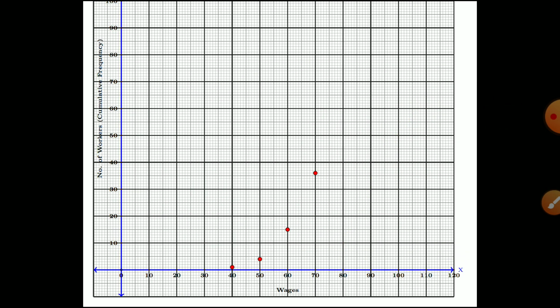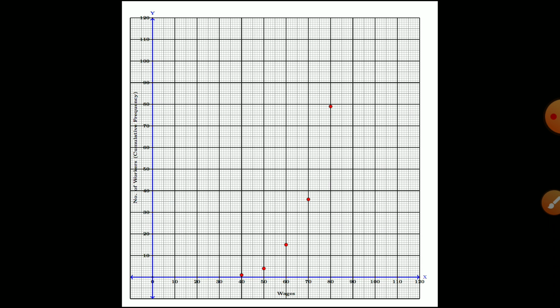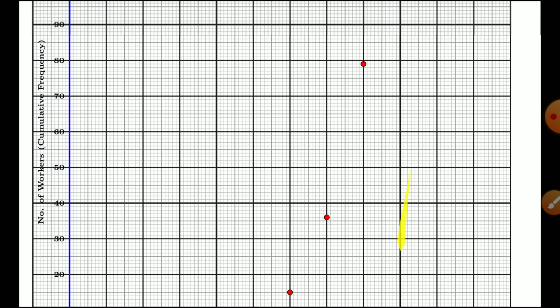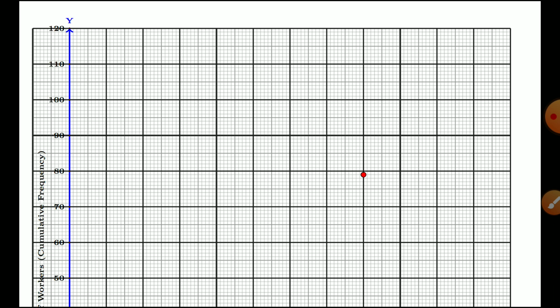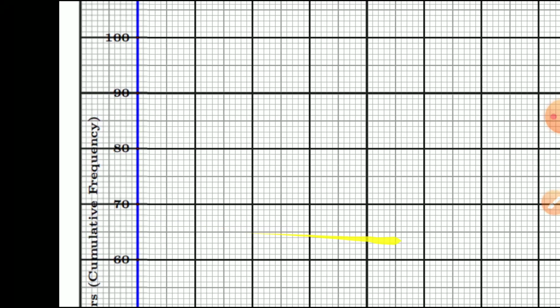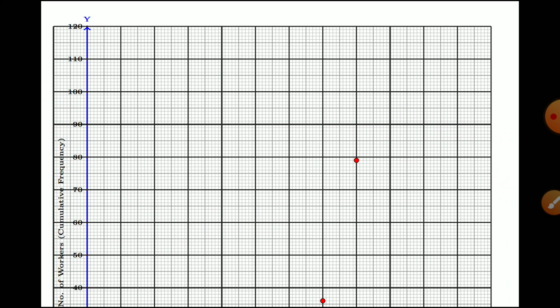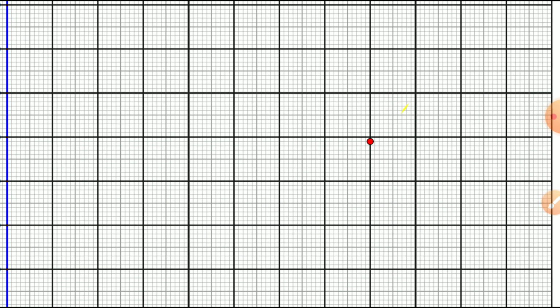Now the next point to plot is 80, 79. So see here, 80 is here and corresponding 79 means one block below 80. So the point one box below 80 is exactly 79, and it is plotted correctly. Okay, so this point you can observe.